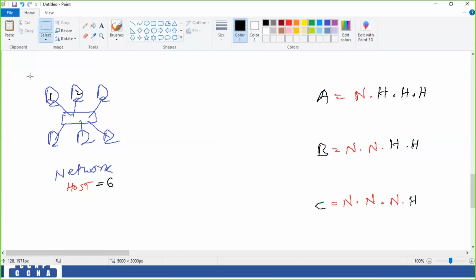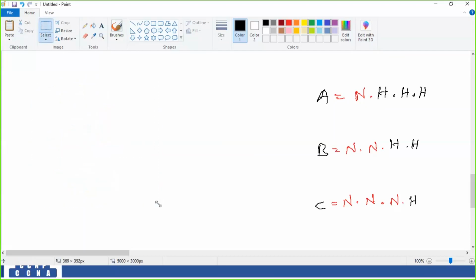Based upon our network requirement and host requirement, we need to use A or B or C. General example, the Geo network. The network is one, but how many customers are connected? Millions of hosts. So which class is recommended?